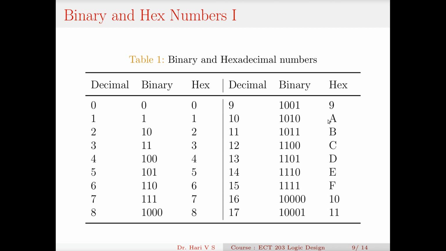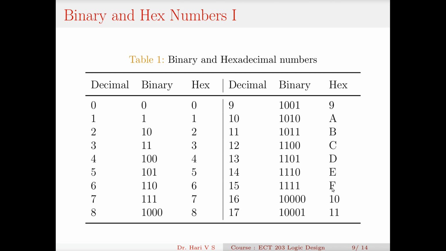There is a problem, because this symbol 1, 0 will conflict with the symbol 1 and the symbol 0. So conveniently, instead of 10 I write A. Symbol A is used. A in hex means 10 in decimal. Then 11 is B, 12 is C, 13 is D, 14 is E, 15 is F.